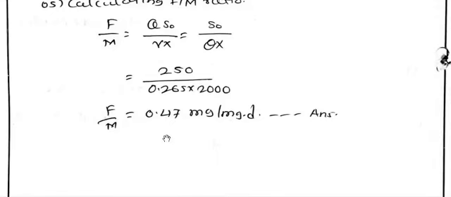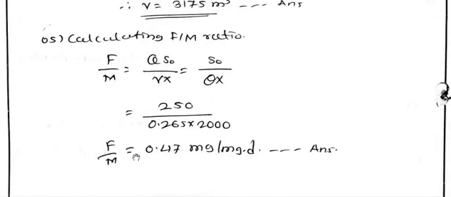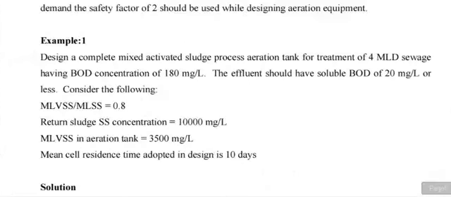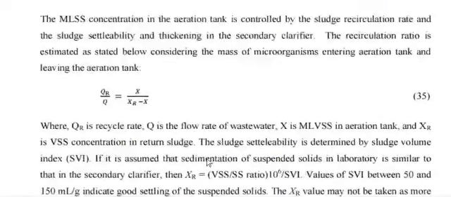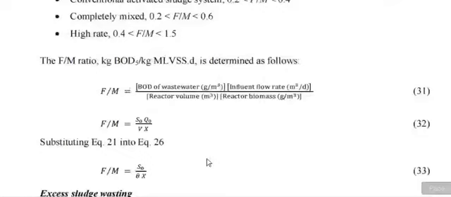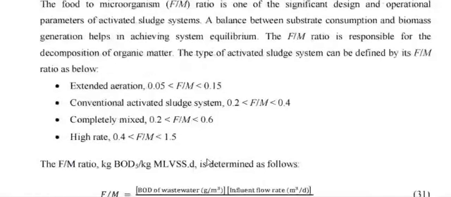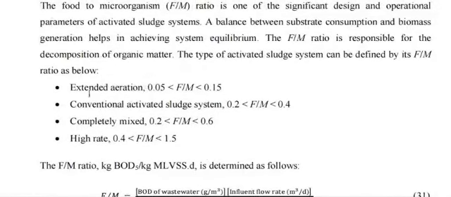Now, the F by M is about 0.47. So this is all about the numerical that we have. Now, if they ask whether an F by M ratio of 0.47 is a conventional process, a completely mixed process, what exactly is it? If we have this data with us, as you see here, extended aeration is at the low end.